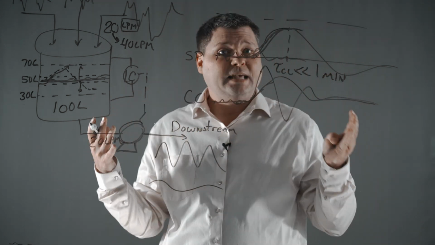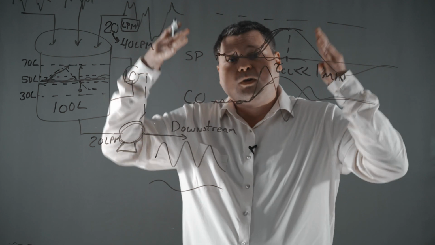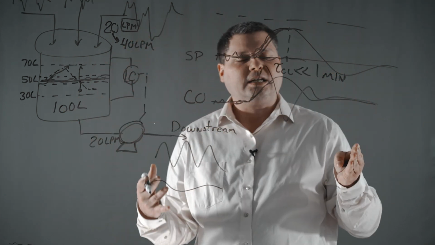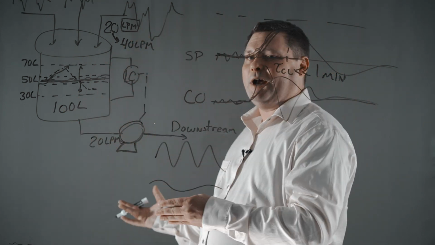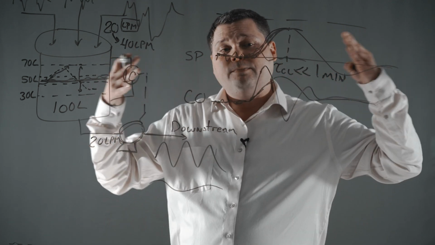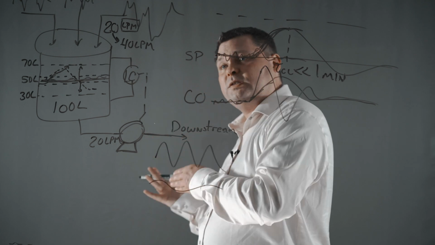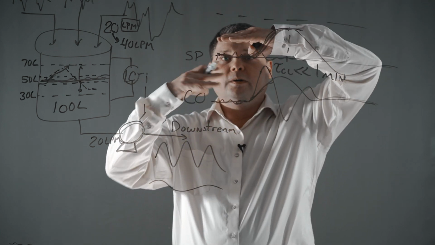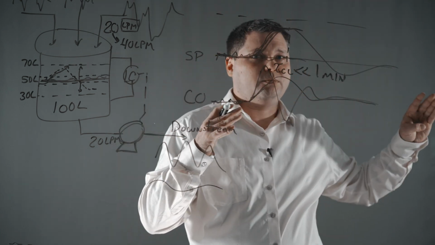It could be 10 seconds or 5 seconds, but you've defined it. You've laid out the objective. You didn't just say, hey, I need to track the set point. You said, look, given the disturbances and the swings that I expect in my process, this is the worst thing that can happen. These are my tolerances. Here's how I want the process to respond.